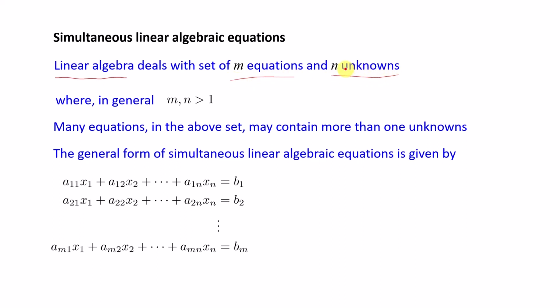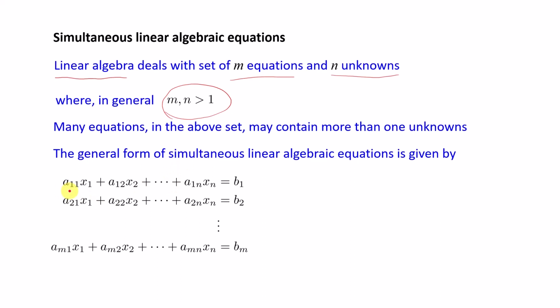Although we usually solve cases where the number of equations is equal to the number of unknowns, in general linear algebra deals with cases where m and n may not be equal. In general, of course, m and n are greater than 1, otherwise it becomes the trivial case of one linear equation, one unknown. At least one equation in this set must contain more than one unknown, then only it becomes something of real interest.